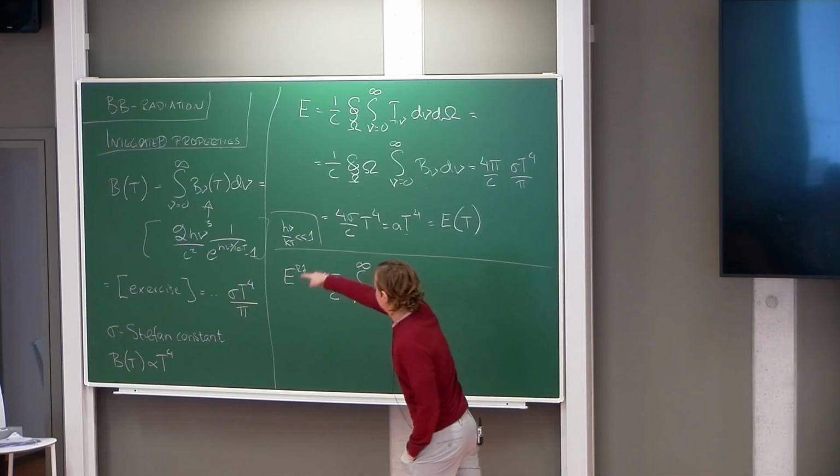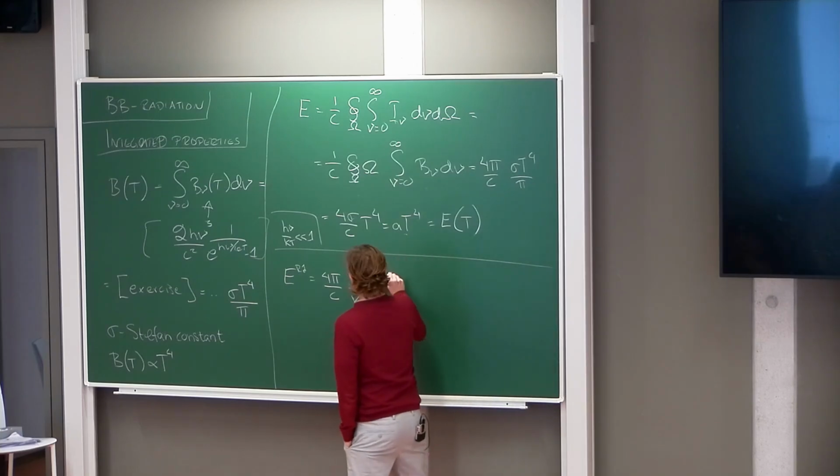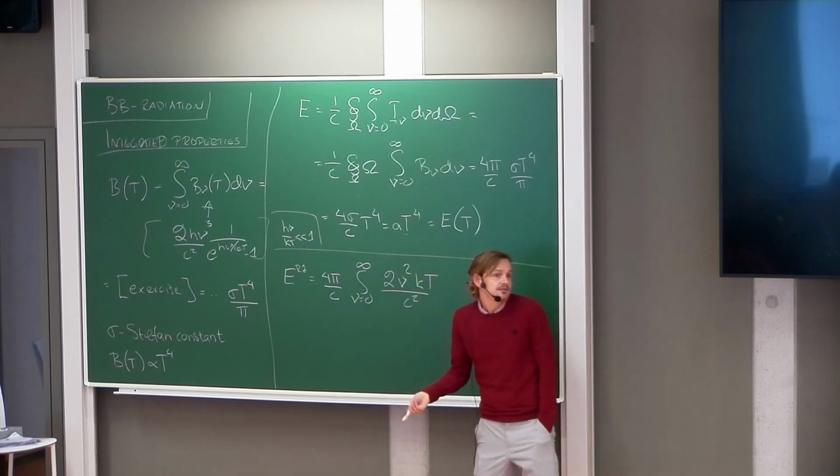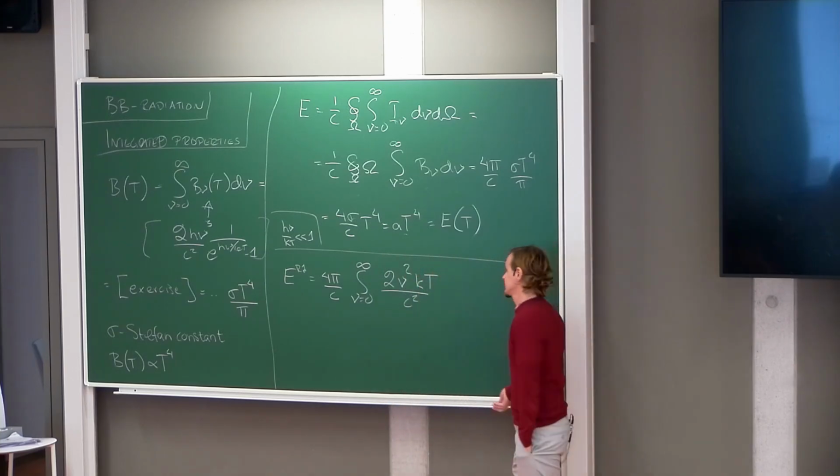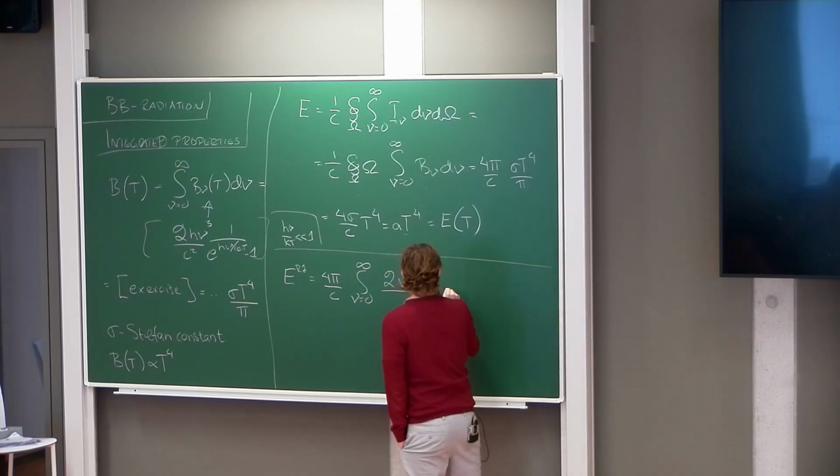And then we saw that this becomes 2 nu squared, you get a k, you get a T, you get a c squared. h vanished, of course, Planck's constant. And then the nu.